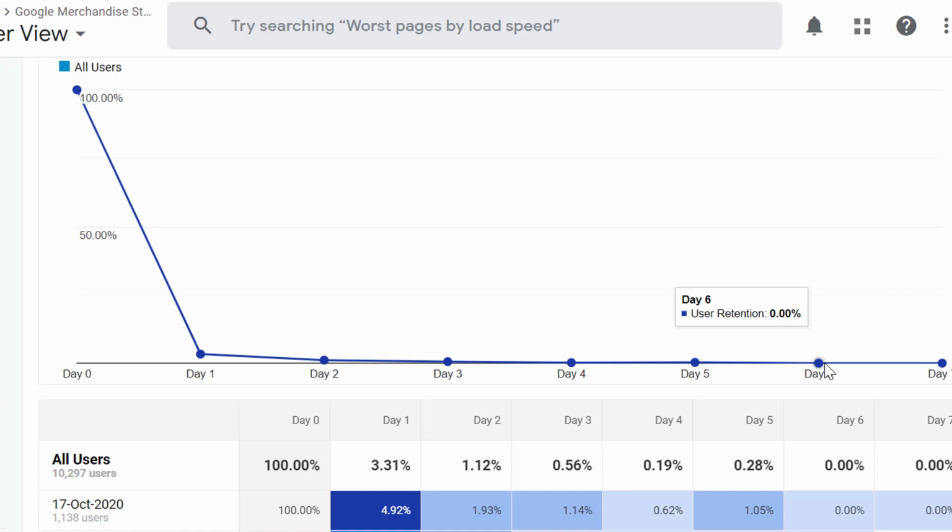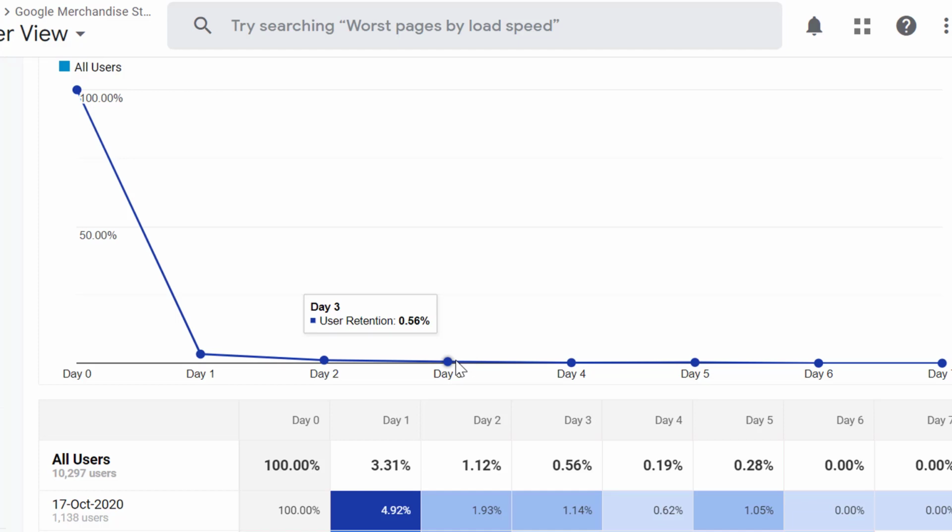So this is what I am trying to gauge: out of the 100% people who came on day 0, only 3.31% came on day 1, and then only 1.12 came on day 2, and only 0.56 came on day 3.